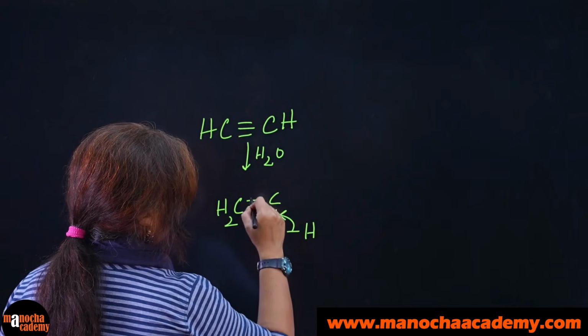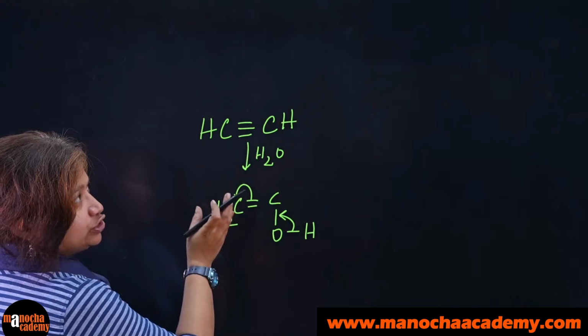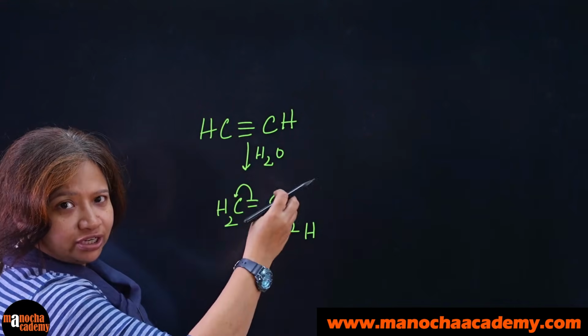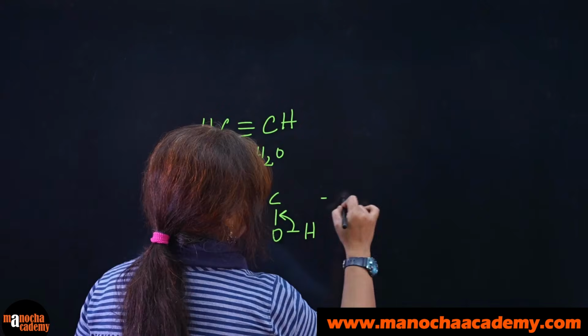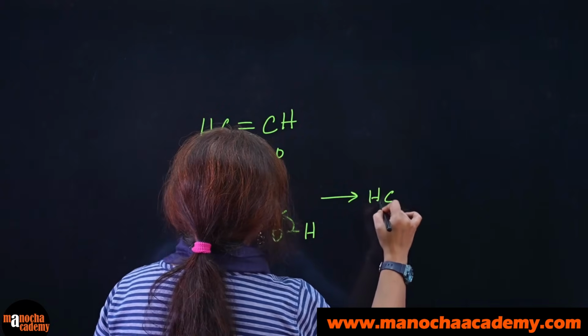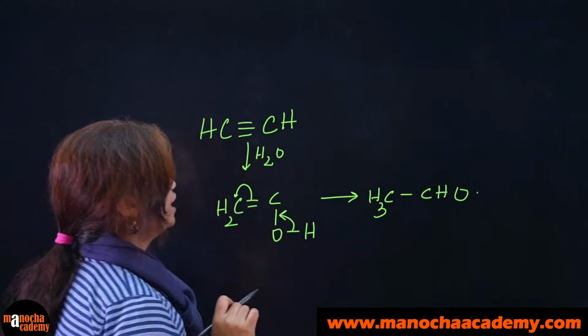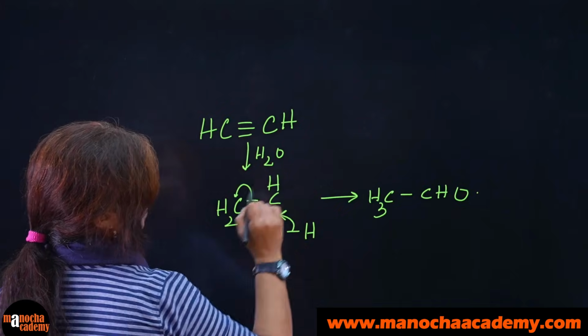Anyway, this CH gets converted to CH3. But since to this C there is no alkyl group, there is a hydrogen. So instead of a ketone, you get an aldehyde. Simple as that. So that's the reason you get here CH3, CHO. That is what you get. Okay, I forgot this hydrogen here.